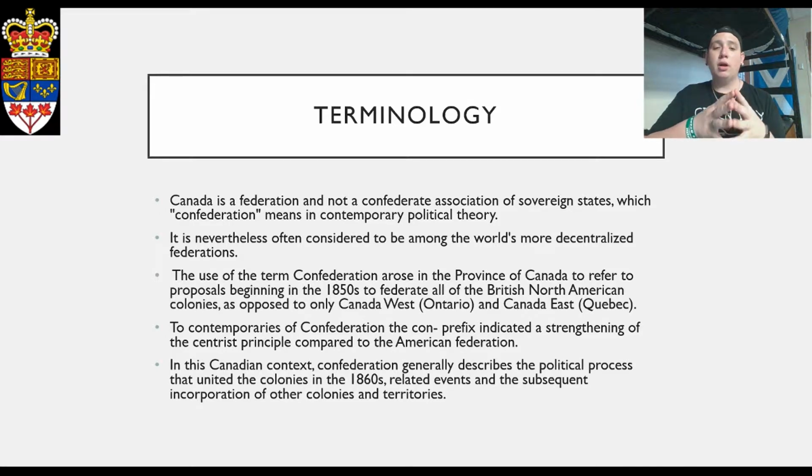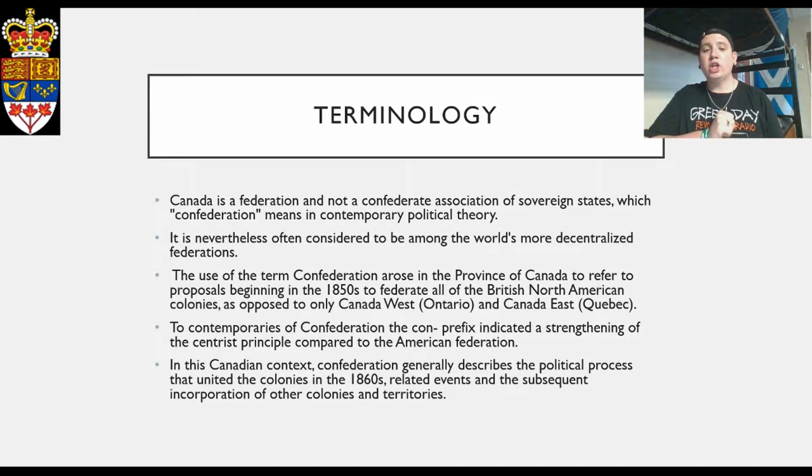The term confederation arose in the province of Canada in reference to the proposals beginning in the 1850s to federate all of the British North American colonies, as opposed to only Canada West, Ontario, and Canada East, Quebec. To contemporaries of Confederation, the con prefix indicated a strengthening of the centrist principle compared to the American federation system of statehoods.